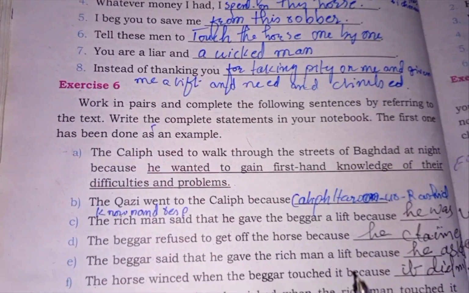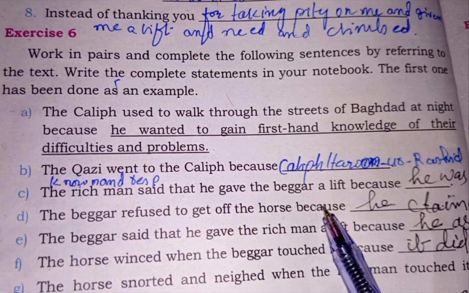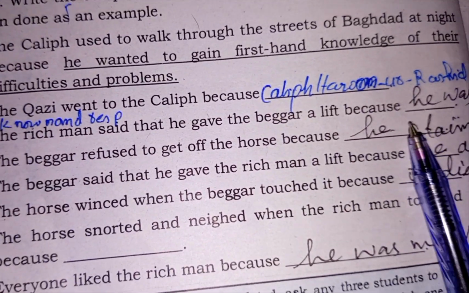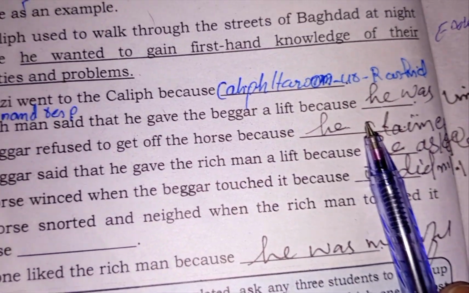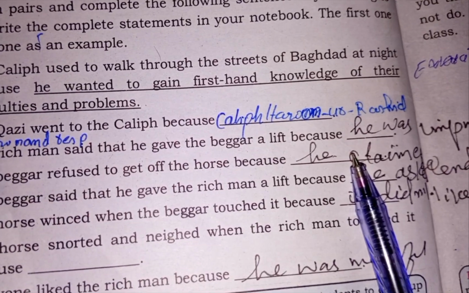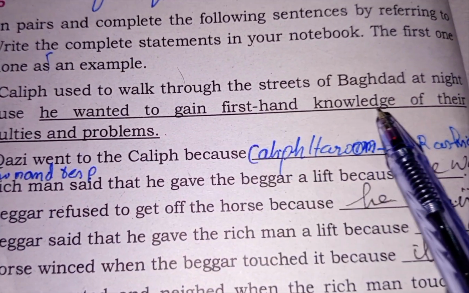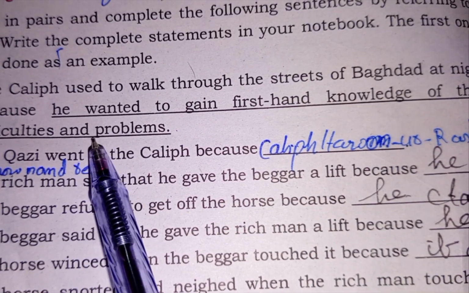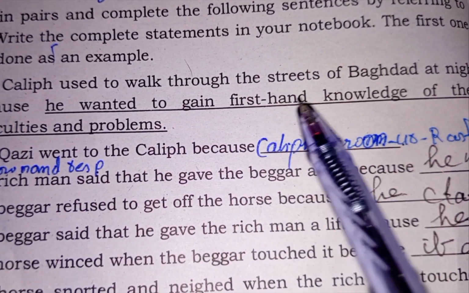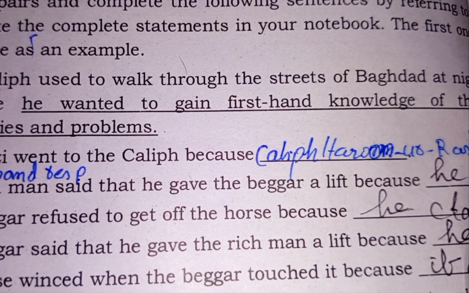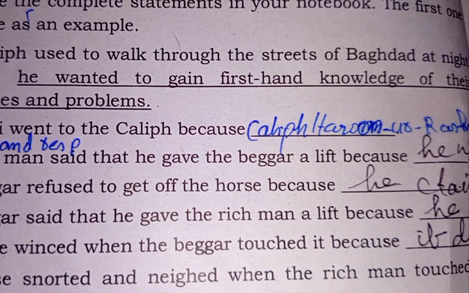A student would work in a pair and complete the half statement that is not completed. As in the first one, the Caliph used to walk through the streets of Baghdad at night because he wanted to gain first-hand knowledge of the difficulties and problems of the people.